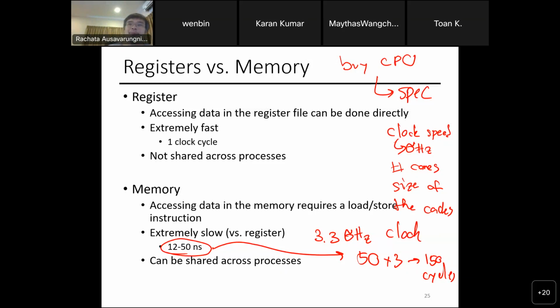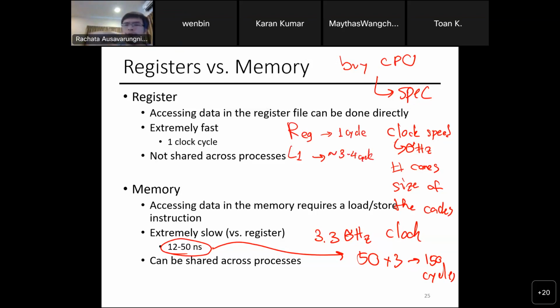So here's what I propose. I can have my data in the register, right? This is one cycle. If it's not there, I can go to the cache. It's a fast memory. It's faster than the DRAM that you buy. These are inside your CPU. The first level of the cache, most of the time it takes 3 to 4 cycles to get the data in the L1 cache.